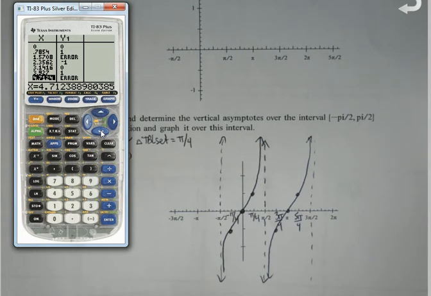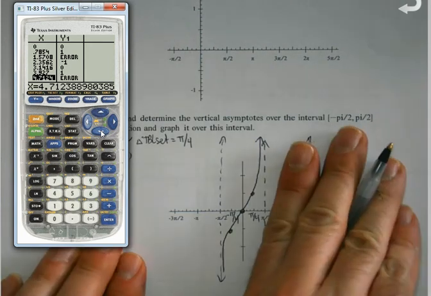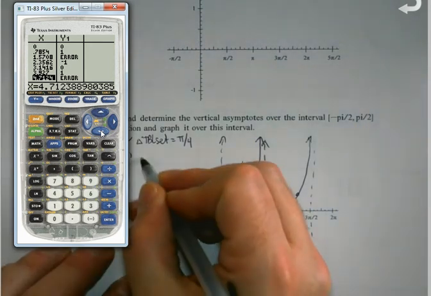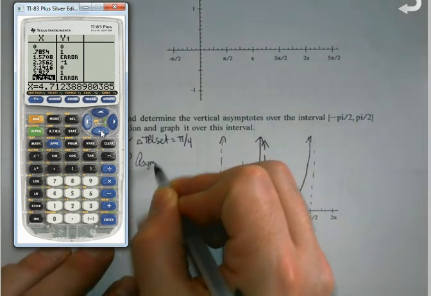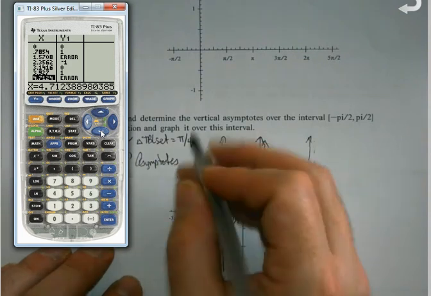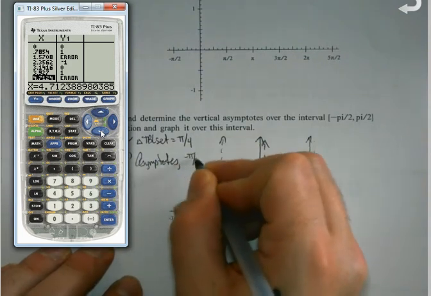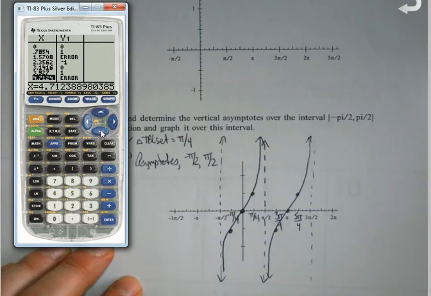But like I said, the big things to remember with your base graph, this guy, is understand where your asymptotes are at, negative pi over 2 and pi over 2. And then we already wrote that we had a period of pi.